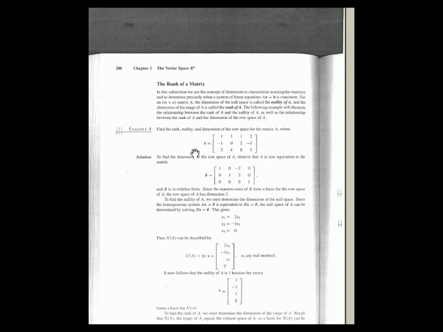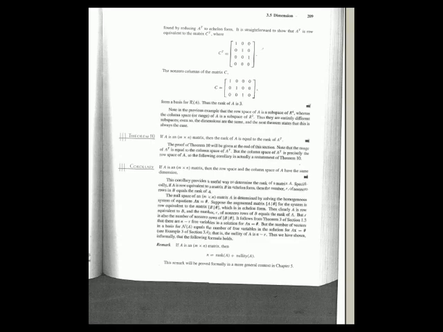What's not obvious, though, is that if you reduce A down to row echelon form like this, or if you flip it, take the transpose, and find the dimension of the column space by making the columns into rows and reducing that down, they're always going to be the same. There's a theorem on the next page, Theorem 10, that states that the rank of A is the same as the rank of A transpose. In other words, the column rank is the same as the row rank.